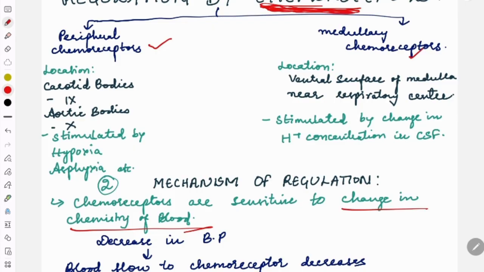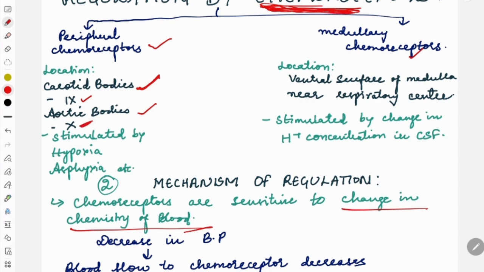What is the location of peripheral chemoreceptors? Carotid bodies and aortic bodies. The information from the carotid bodies is carried by the 9th cranial nerve, and information from the aortic bodies is carried by the 10th cranial nerve.